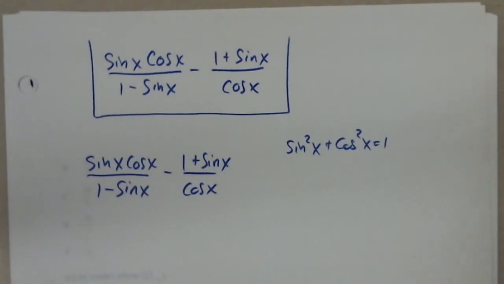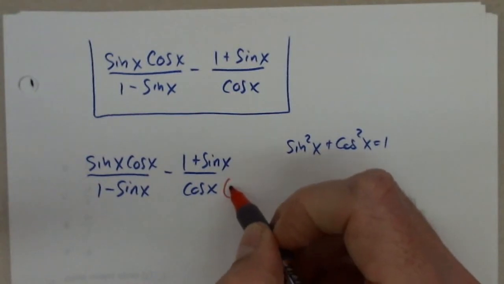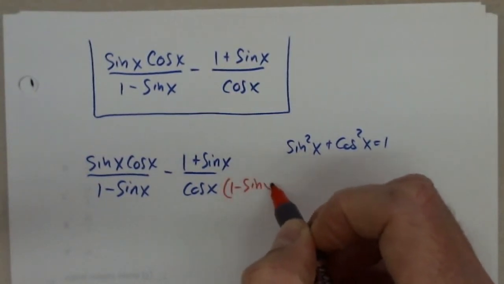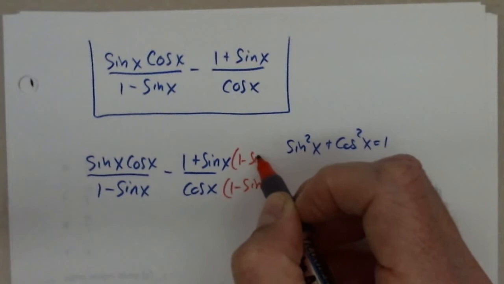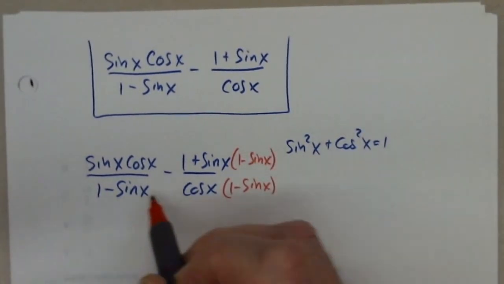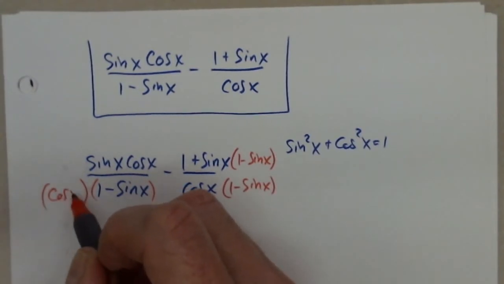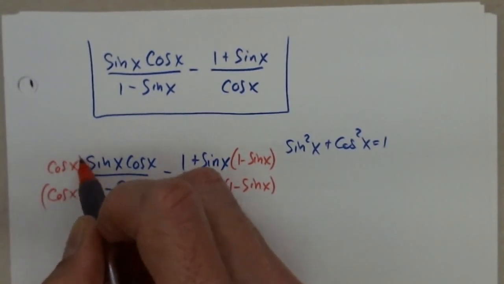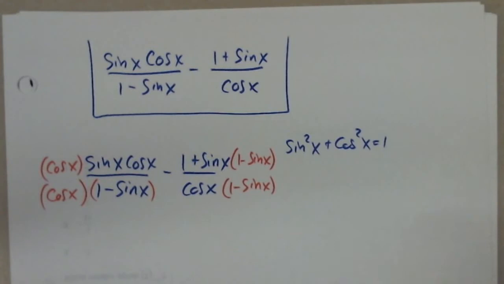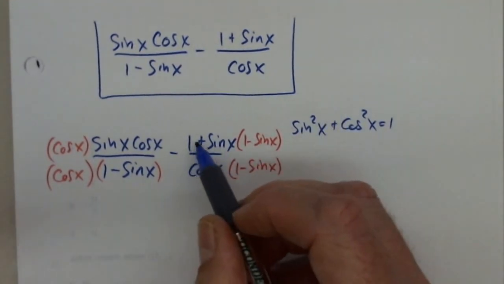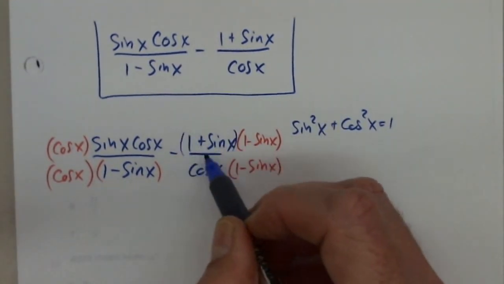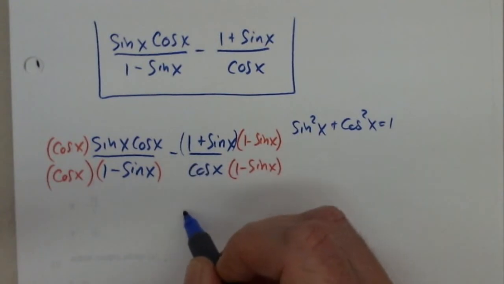We need a common denominator, so we need to multiply this side by 1 minus sine x, and we need to multiply this side by cosine. When you multiply this, 1 times 1, we get a 1.